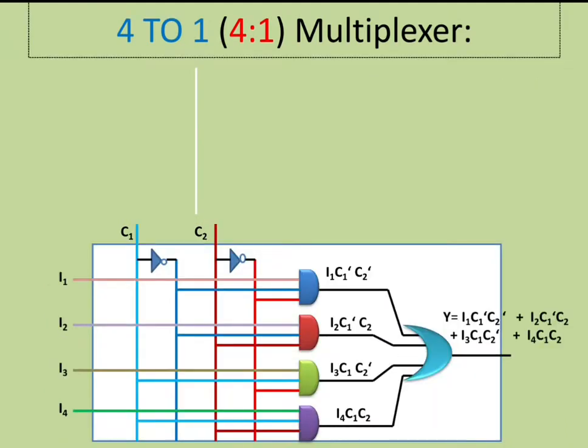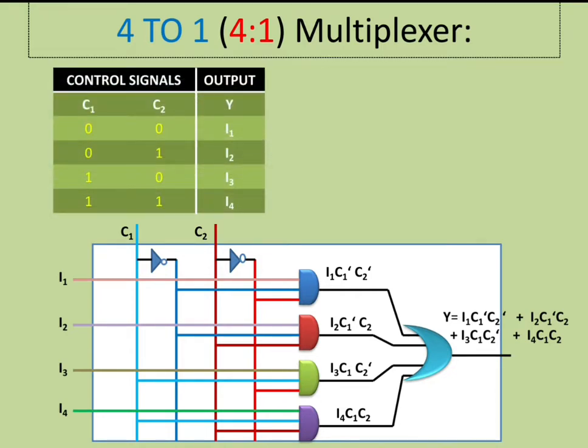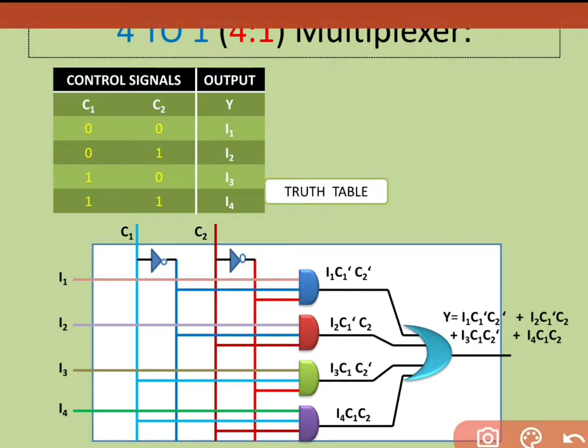We can understand it in a better way when we see our truth table. We require 2 control signals, that is C1 and C2.